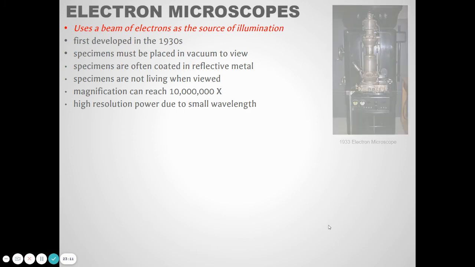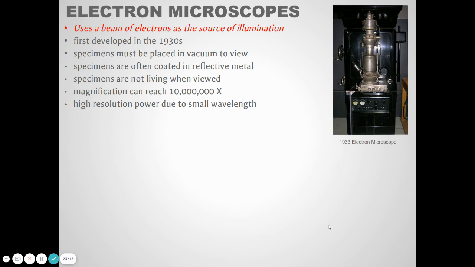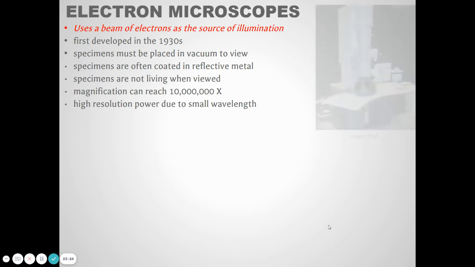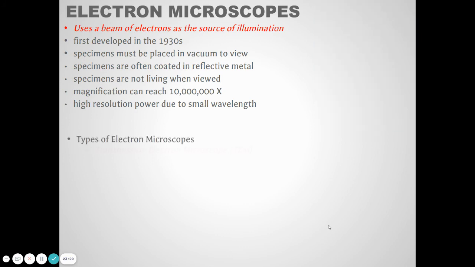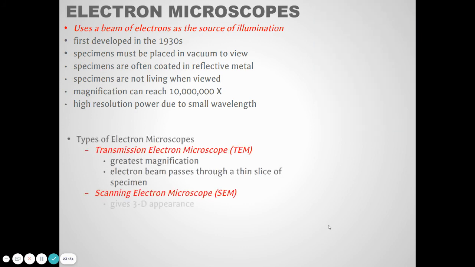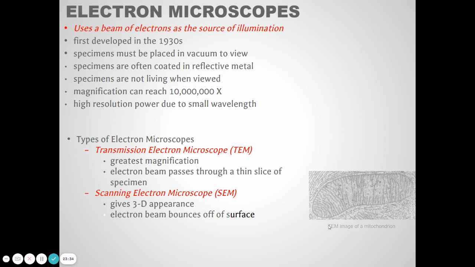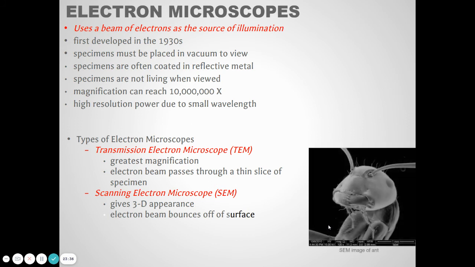Here's like the first types, what they look like. When you're using an electron microscope, you have to coat what you're looking at in metal or other reflective material. So usually you can't look at living things in these microscopes. Here's a modern one. It doesn't matter about the types, don't worry about that, but they give different types of views. The one that creates some of the most interesting, I think, are the scanning electron microscope. Here's an ant with a picture taken through a scanning electron microscope.